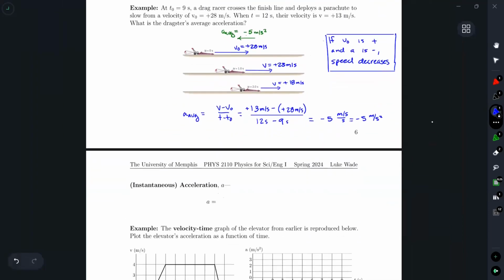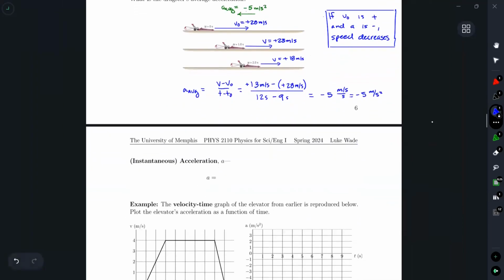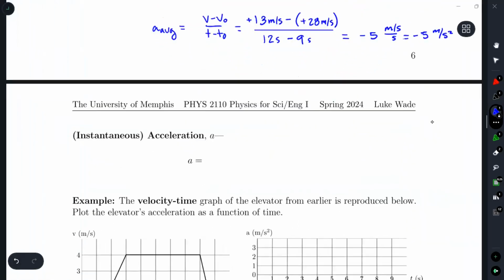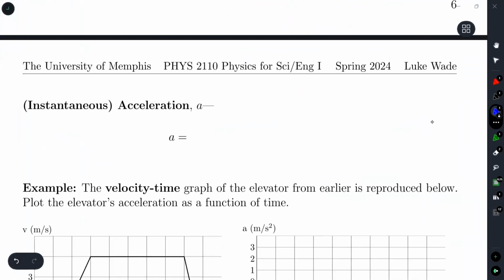Okay, so that's again telling you on average how your velocity is changing. It doesn't get so much usage. We usually do talk about the instantaneous acceleration, but you can always estimate it with an average acceleration. That's more the use of average in this case.